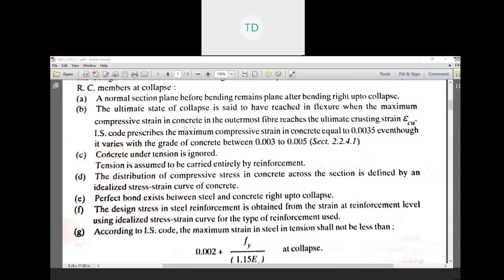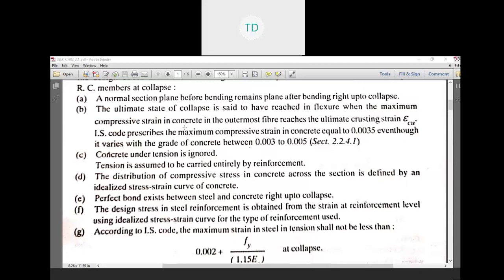Tension is assumed to be carried entirely by reinforcement. This is another reason why we ignore the tension in concrete. The distribution of compressive stress in concrete across the section is defined by an idealized stress strain curve of concrete.